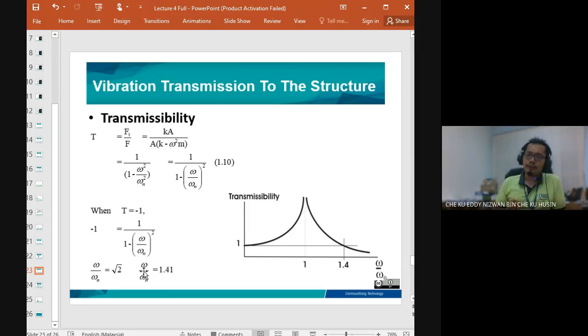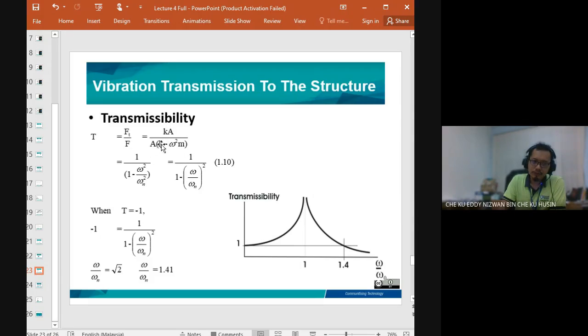If given the example, to ensure that the force transmitted is less than the excitation force, you either change the operating speed, which should give a frequency ratio greater than 1.4, or otherwise you can still control K and M. By changing the stiffness you change the natural frequency.